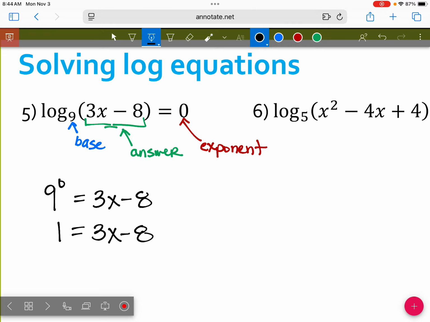So I'm going to add the 8, and then I'm going to divide by 3. So who got x equals 3?